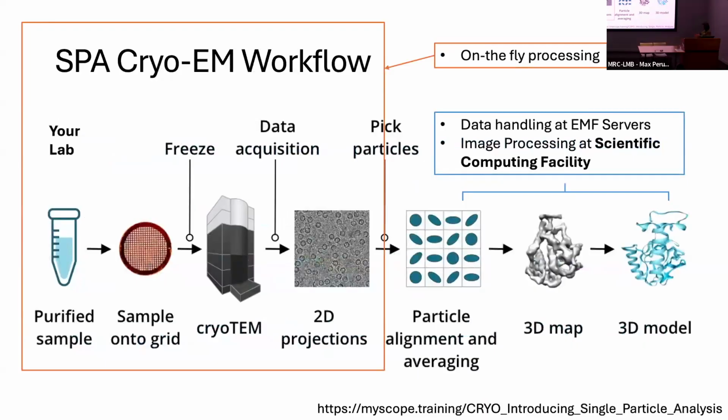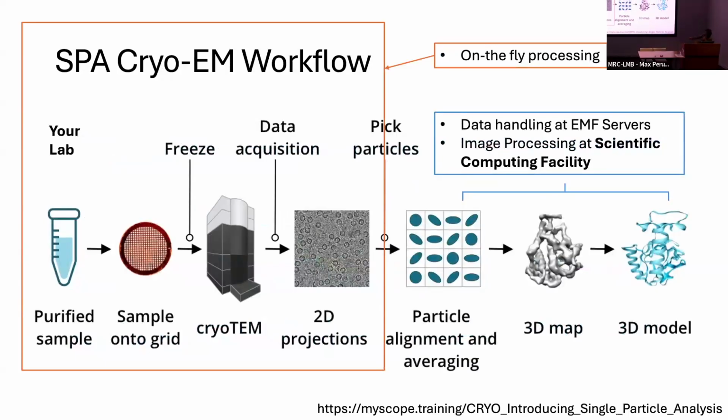So what do I want to explain? What we are going to be trained for? This is a simple single particle cryo-EM workflow, from sample to structure. In this part, this is where EM is most involved. Of course, you make your purified sample in your lab. This is your job. Then when you go to making EM grids, we help.